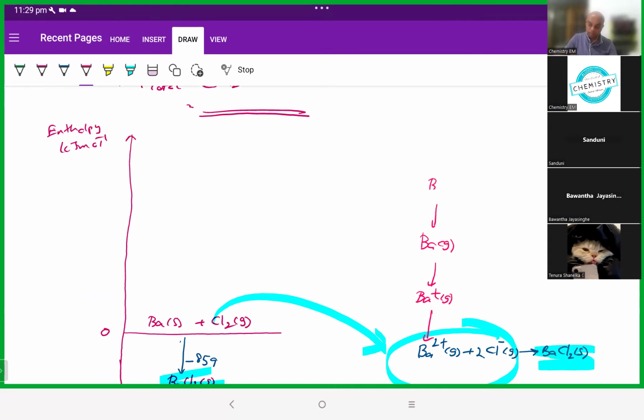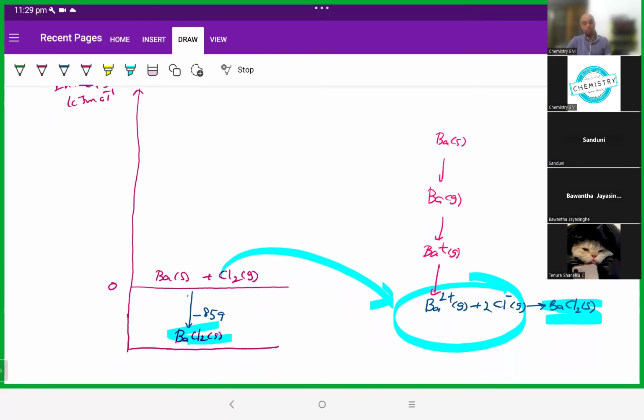So barium solid can be converted into barium gas. Barium gas converts into barium plus gas. Barium plus gas converts into barium 2 plus gas. So make a stepwise line, right? First I will be converting them into barium gas. This is the atomization of barium. Atomization means solid converts into gases.